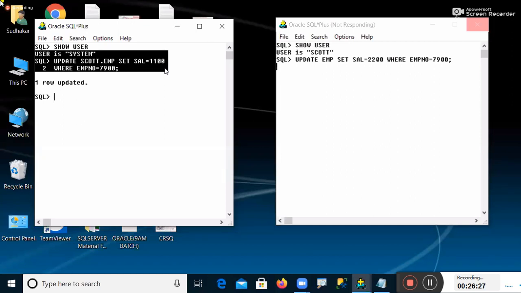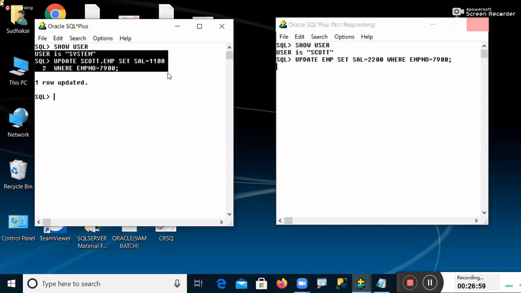So unless the first user's transaction is complete, the second user's transaction will be in a waiting position, under locking. Internally, the database server does this with the help of the locks concept, locks techniques.